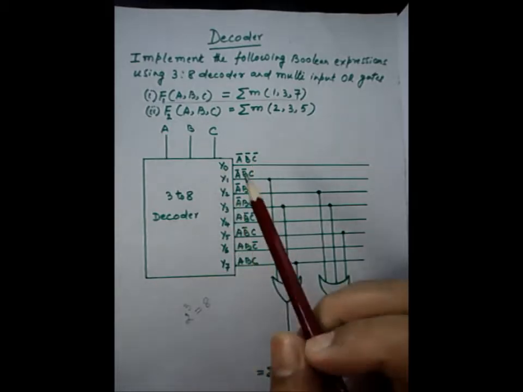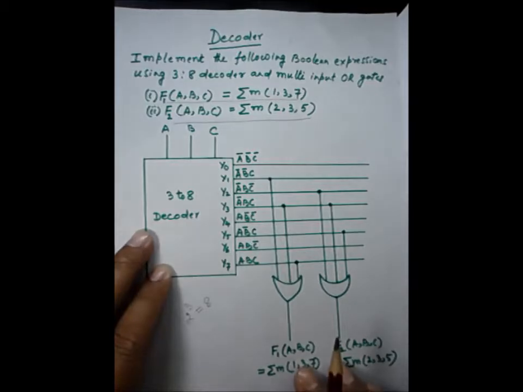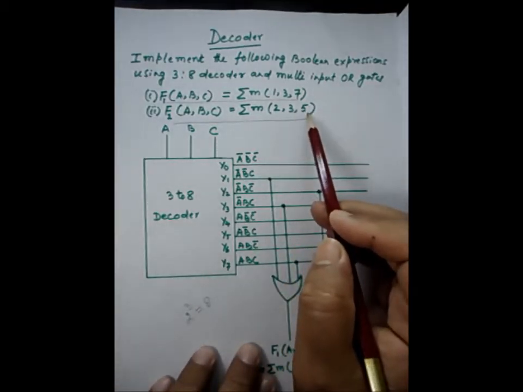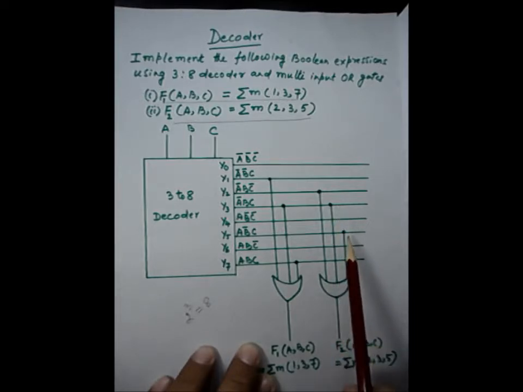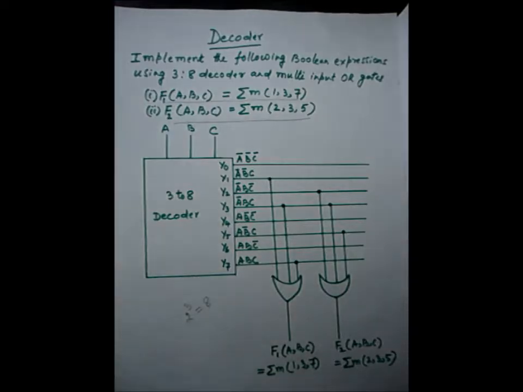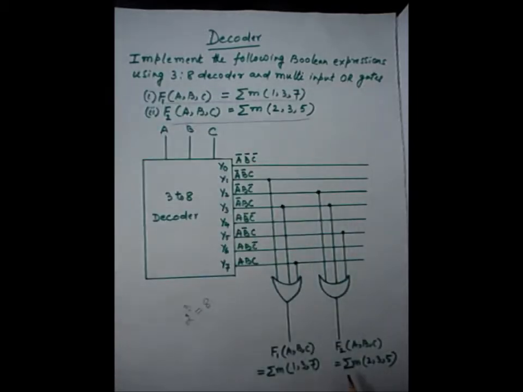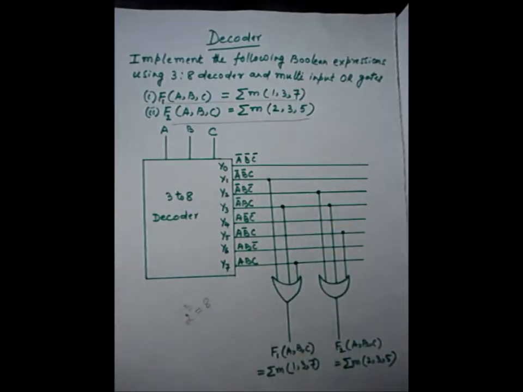Now, for the other Boolean function, exactly the same logic: we have to take the summation of M2, M3 and M5, and we have used the OR gate because this is the case of a summation, and if any of them is 1, the output will be 1. Therefore, this is the implementation of the Boolean function with the 3:8 decoder.